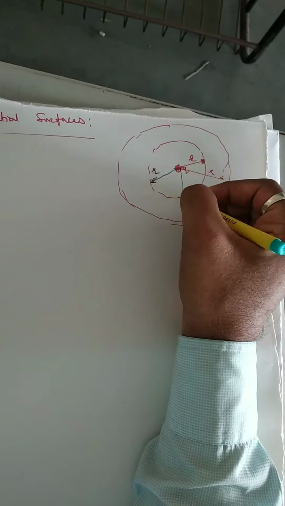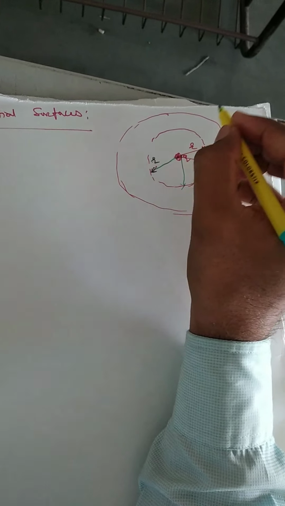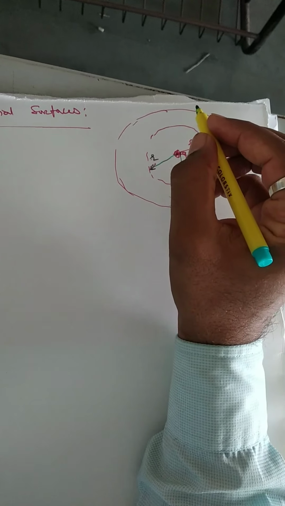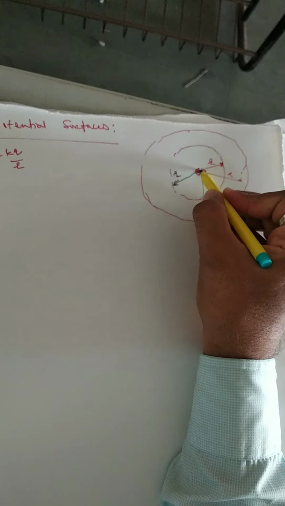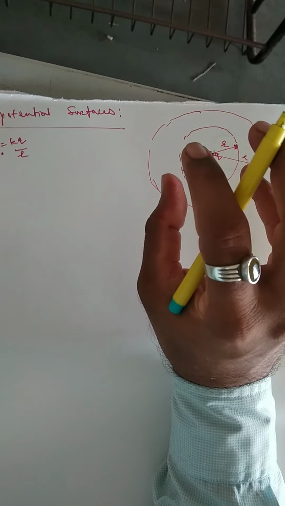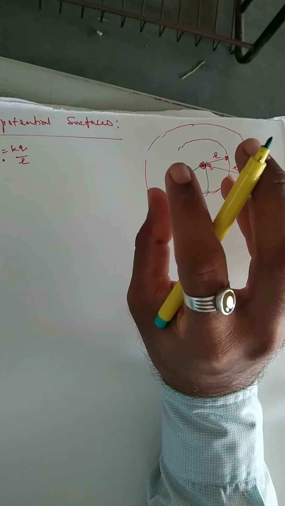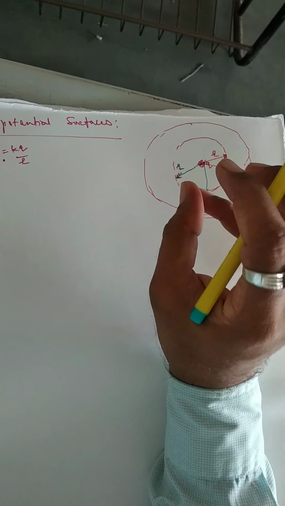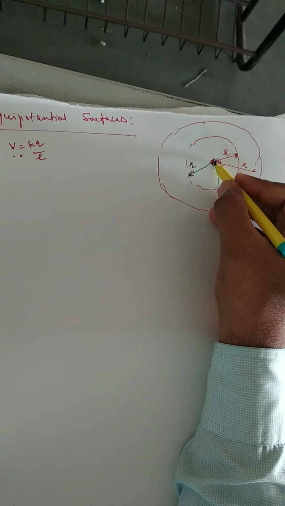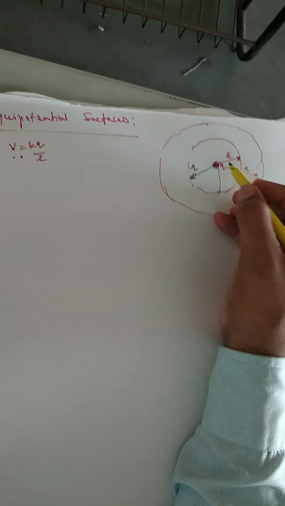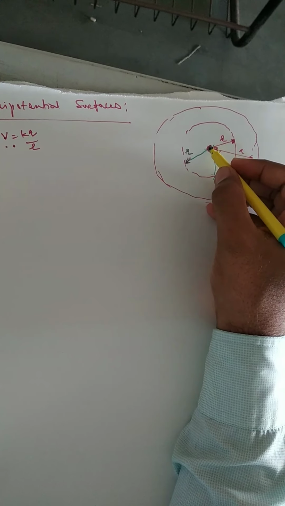Same way, at this radial distance of r, or at a radial distance of this also, you will see the same effect. So for this charge Q, we will see imaginary spherical surfaces, and all those spherical surfaces are concentric at this point, where the charge Q is.